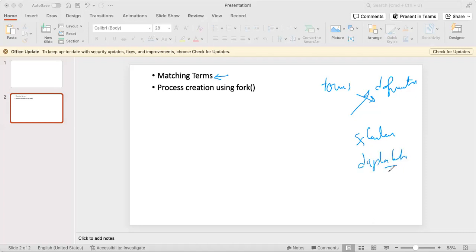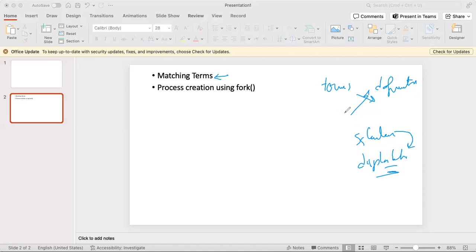What's a dispatcher? Dispatcher is another component that handles context switching between processes. So once the scheduler has chosen the process to run next, it's the dispatcher that handles assigning that process to the CPU, meaning handling context switching, saving the old state and loading the new state, and so on.